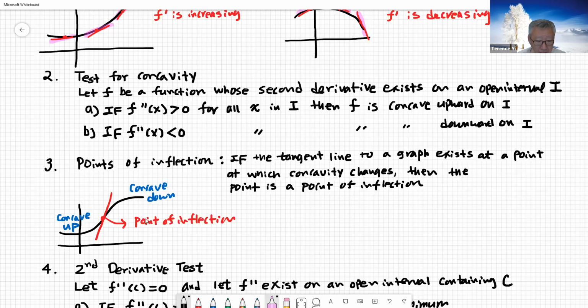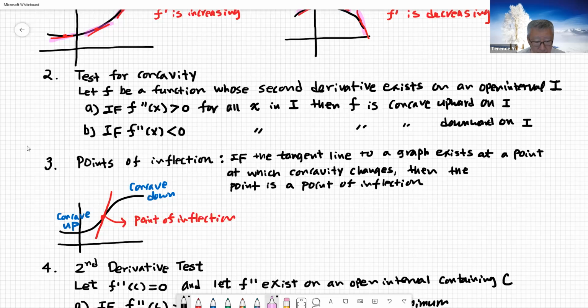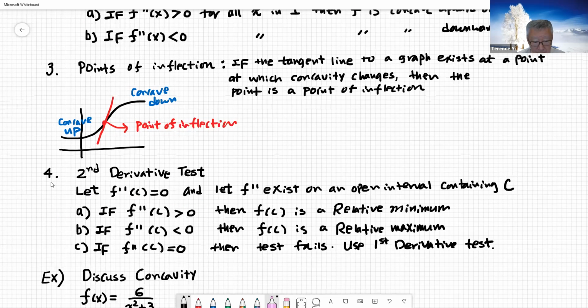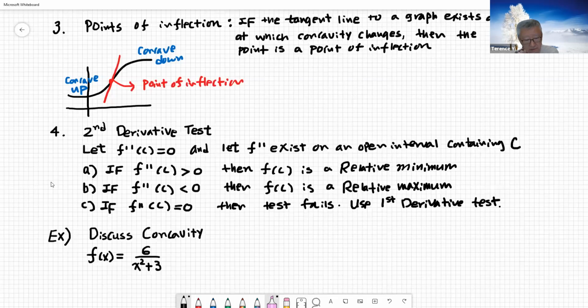Now, just like the first derivative test, we have the second derivative test. When we look at the first derivative test, we fill in the table, find out where the function is increasing and decreasing, and draw arrows going up and down. If your arrow goes up and then down, that's a relative maximum.